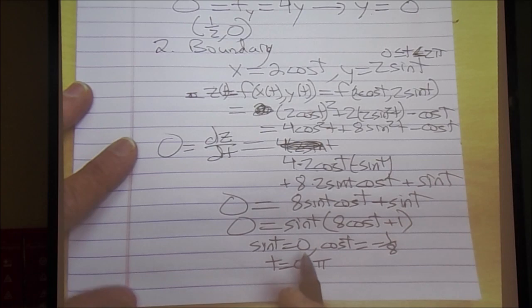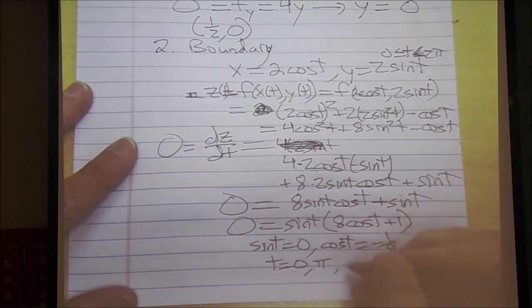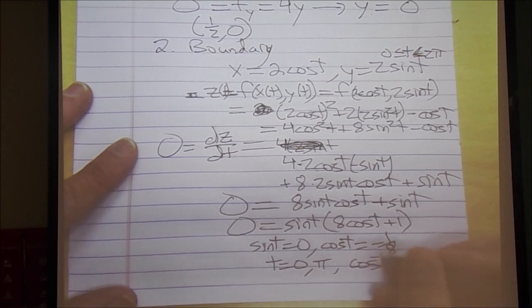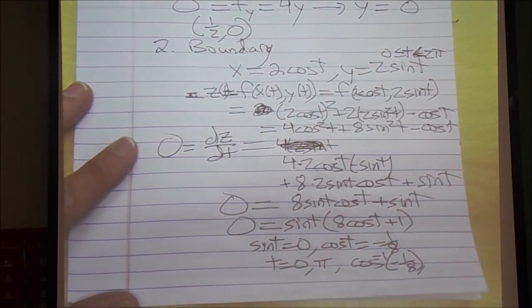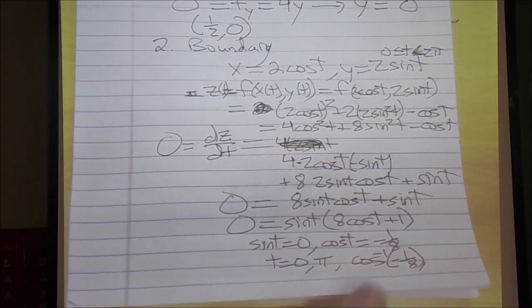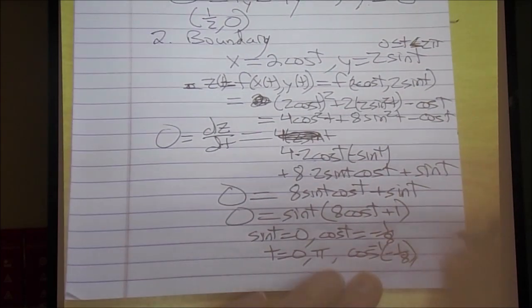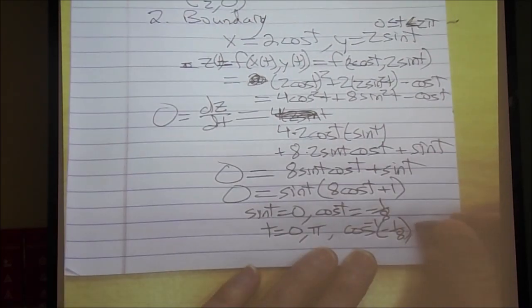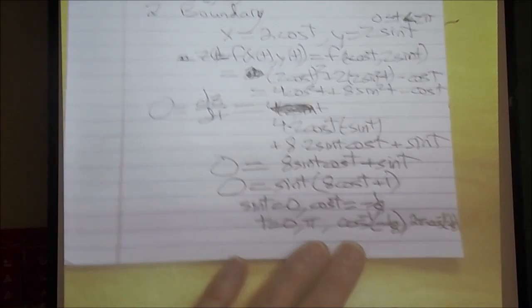So we're checking those 2 points, and we're also checking t equals the inverse cosine of minus an eighth. And also, if you think about it, there are 2 points on the circle where cosine t is equal to minus an eighth. You can also take 2 pi minus the arc cosine of minus an eighth.